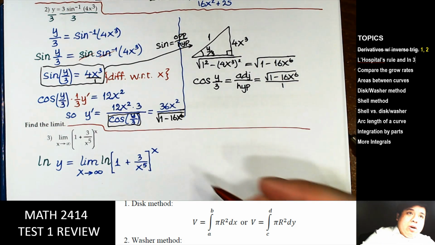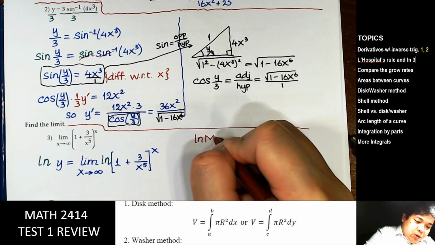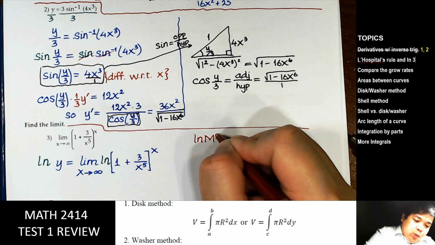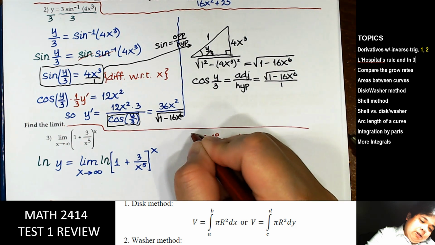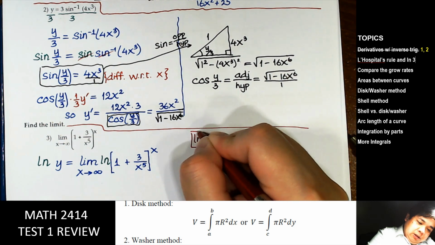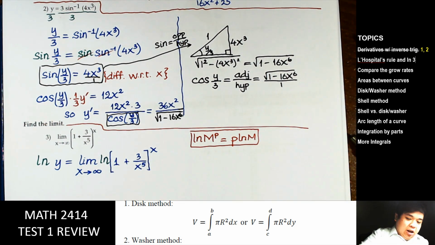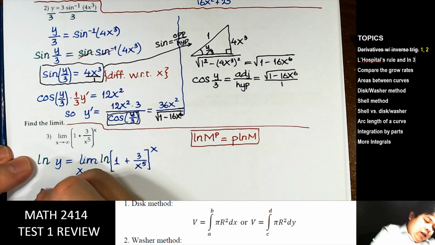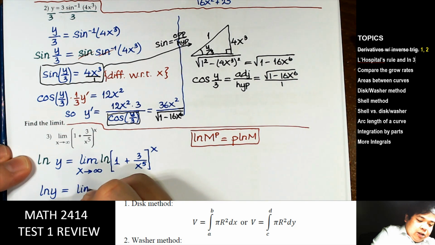Properties of the log, when we have ln of something raised to a power, we can take that power down. So the x will go out to that side. So we have ln of y equal to the limit as x goes to infinity.